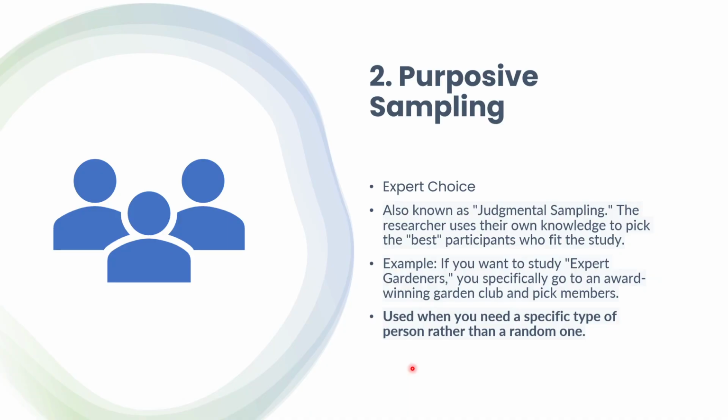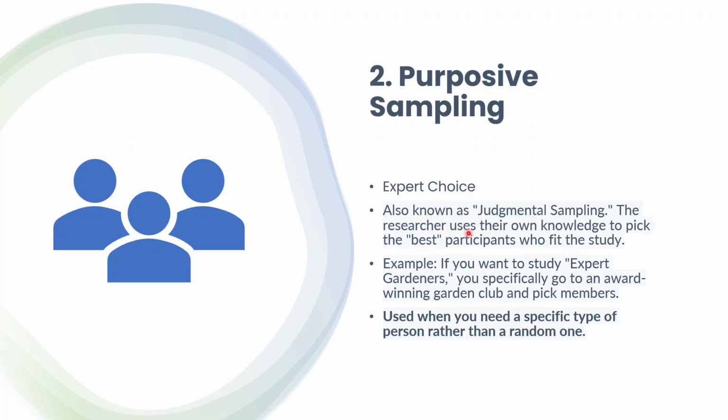Then coming to the second technique employed for non-probability sampling, it is called purposive sampling, also called judgmental sampling. Here an expert choice is being made. I am picking and choosing which member or which individual has to become part of my sample.